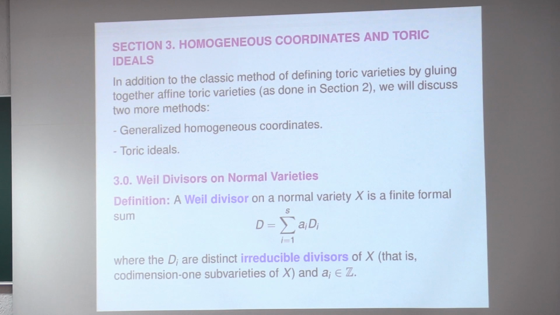Well, a cone and its faces is a type of fan. Then there are several methods to construct them. There are at least two more that are very well known, and we can say a word about those maybe next lecture. We can start saying something today. One of them is this generalized homogeneous coordinates, and then there is the other method called toric ideals. Maybe we'll say a little bit about each of those methods.